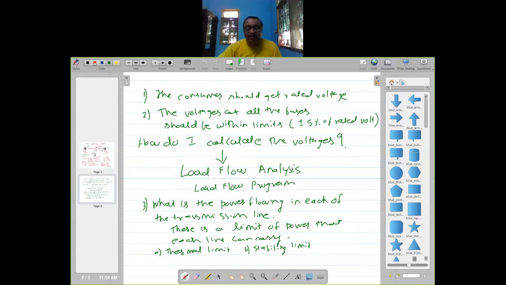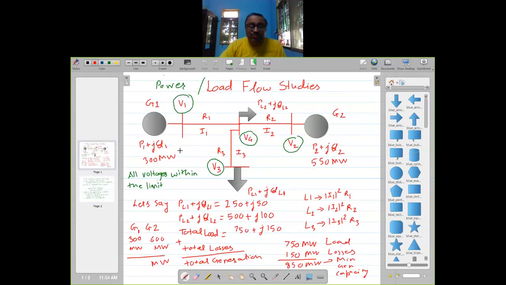What is this stability limit? I will explain. The stability limit is basically determined by what we have seen: there is a limit on the magnitude of the voltages, because we have told the consumer that only rated voltage plus minus 5% we will give to you. So we are bound by that.